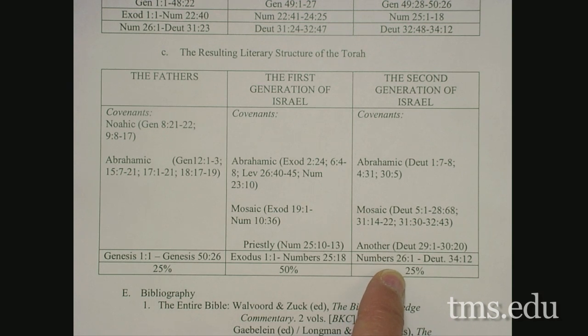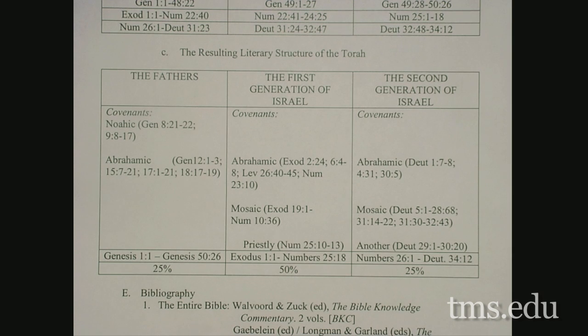That is, those who had died, the first generation, so now we have a census of the second generation, which marks the fact that beginning in Numbers 26 to Deuteronomy 34, now we have the second generation of Israel.